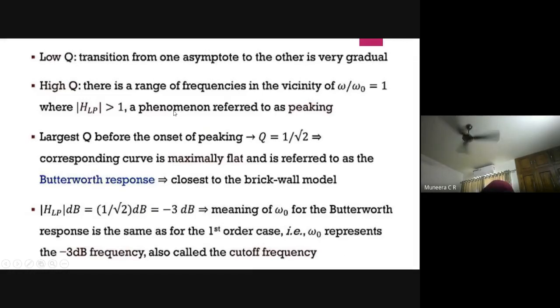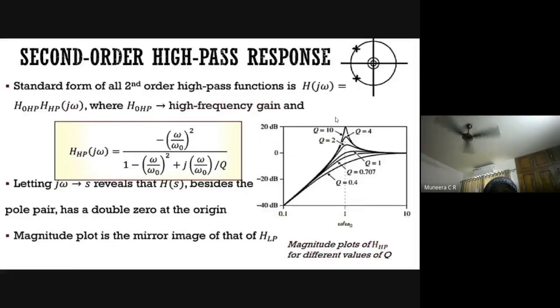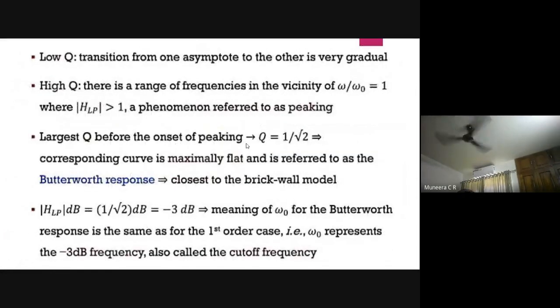So for low Q, the transition from one asymptote to the other is gradual. For high Q, there is a range of frequencies in the vicinity of omega by omega naught equal to 1 where this phenomenon is referred to as peaking.